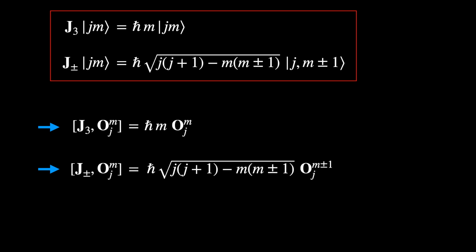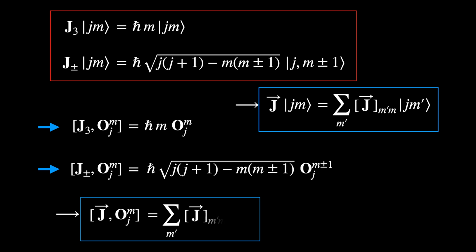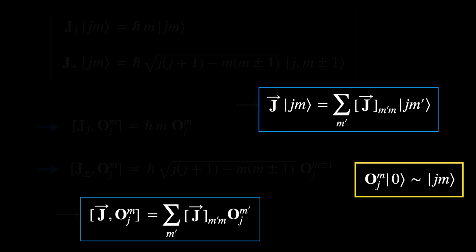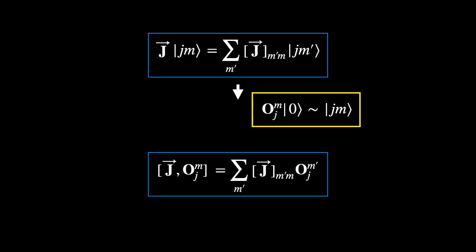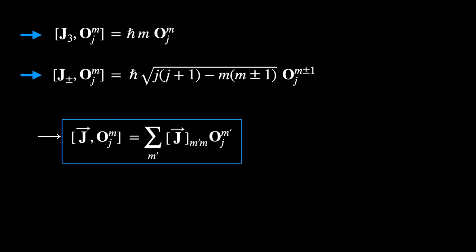We could condense these transformation rules of the JM states into a single equation as we did earlier. We could also do the same for the commutation relations. This is the direct consequence of the equivalence in the yellow box. Let's write down the matrix elements that correspond to these commutation relations.